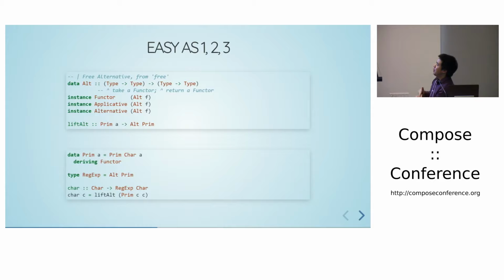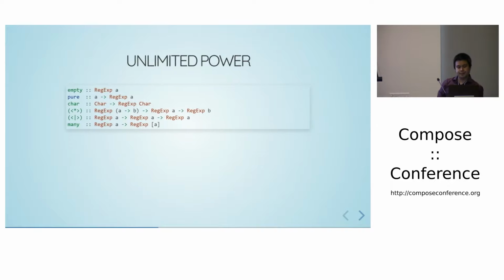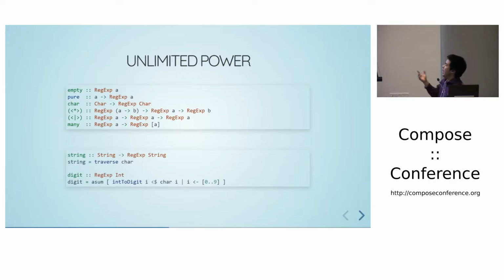And now it has all operations, right? Because if we have Alternative, we have empty, we have alternation, we have many, we have all these here. So with this instance, we have all these for free because this is defined in the library. We now get empty works perfectly. We have pure, we have char, which we just defined. We have sequencing, we have alternation, we have many.